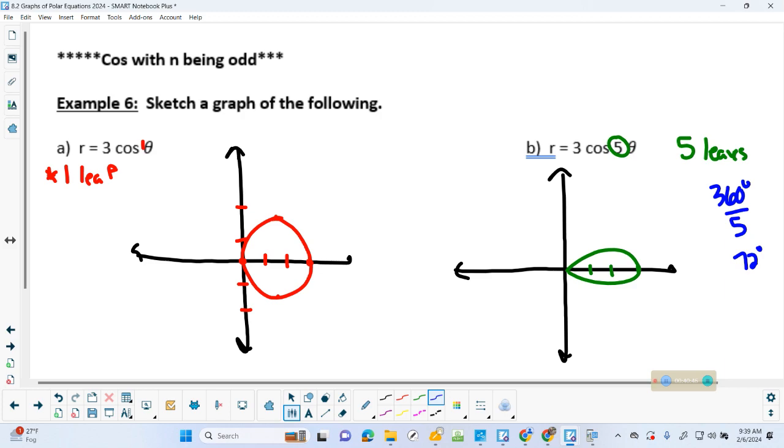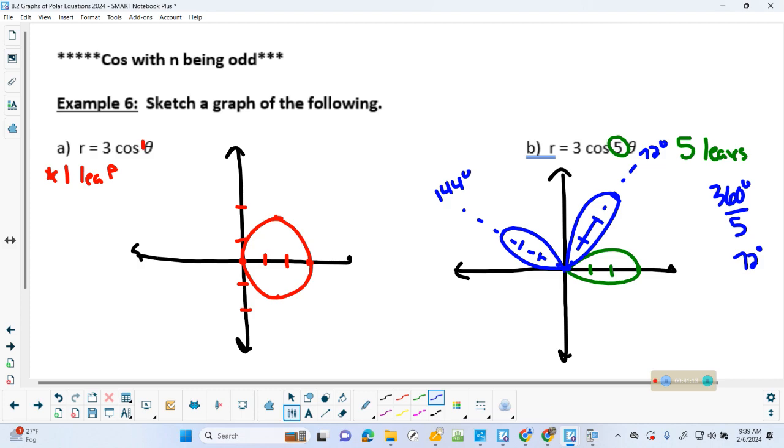We're going to increment our scale by 72. So I'm going to estimate 72 here. And I'm going to count out my 1, 2, 3. There's my second leaf. Add another 72. What do you got? 144. So I'm trying to estimate that. Can't guarantee it. 3 long. Got it. Okay, add another 72.